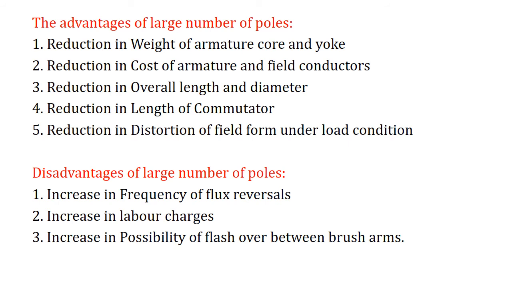Advantages are the reduction in weight of armature core and yoke, reduction in cost of armature and field conductors, reduction in overall length and diameter, reduction in length of commutator, reduction in distortion of field form under load conditions. And disadvantages of large number of poles are increase in frequency of flux reversals and increase in labor charges.